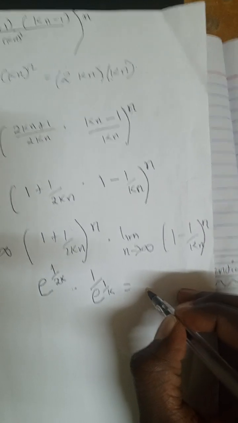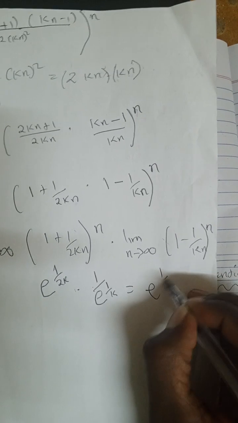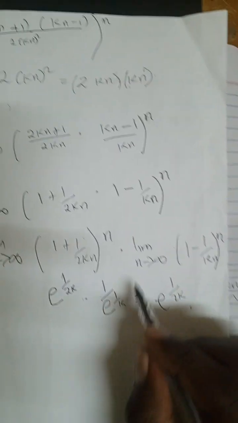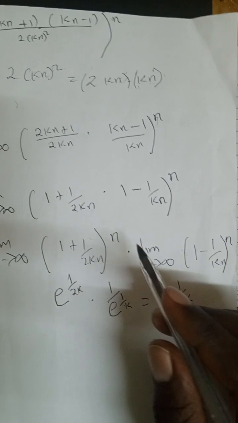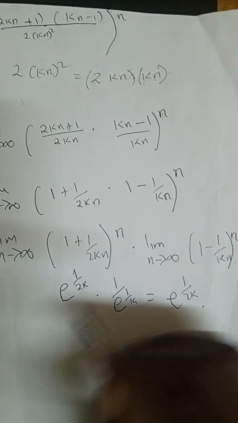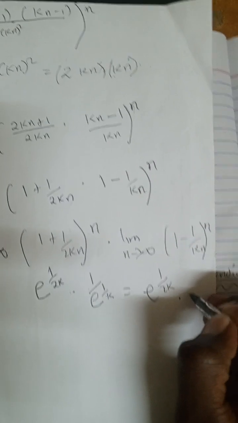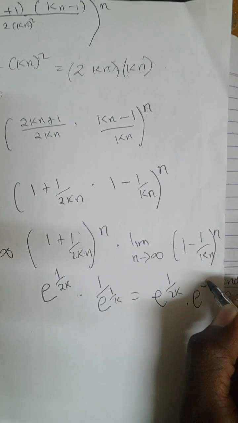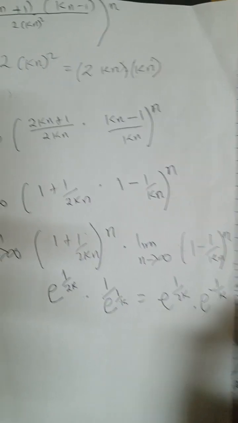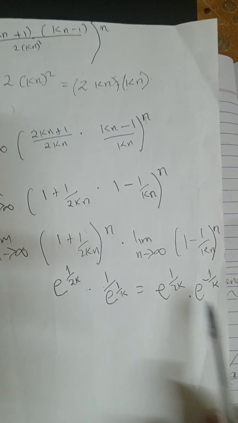Let's try to rewrite what we are going to have. It is e to the power 1 over 2k, and when we take this to the numerator, by dividing everything by exponent 1 over k, it's going to be this with a minus, being the inverse.